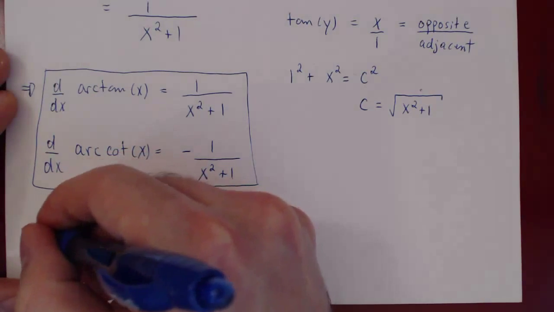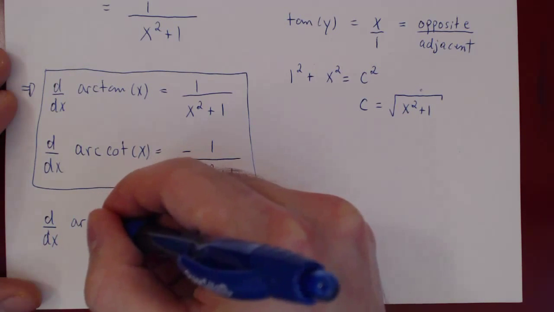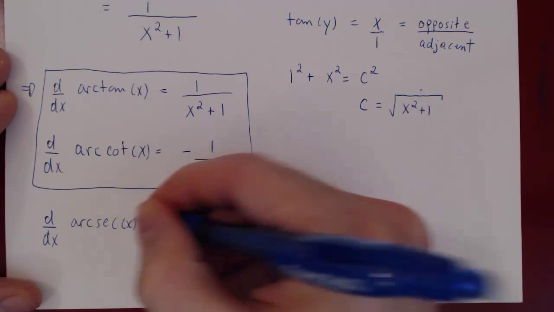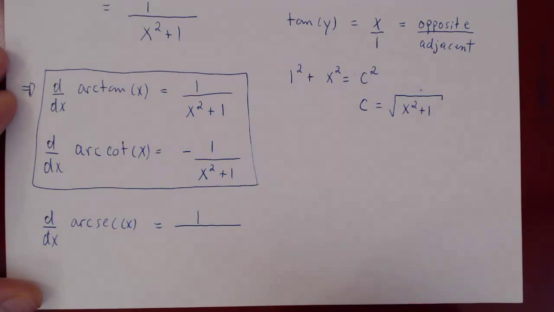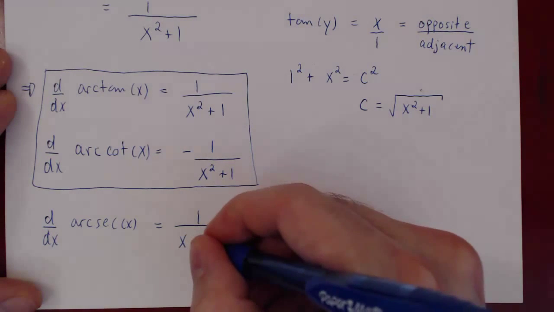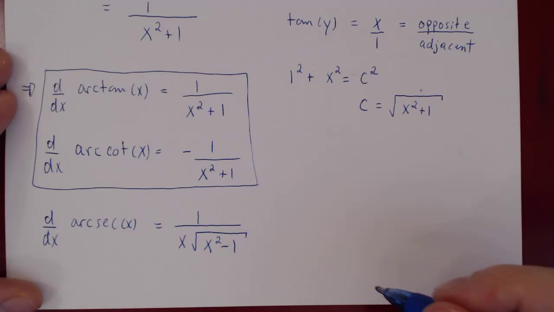So the derivative, this is what you will find, of arcsecant of x happens to be, and this one's a bit more complicated, 1 over x times the root of x squared minus 1.